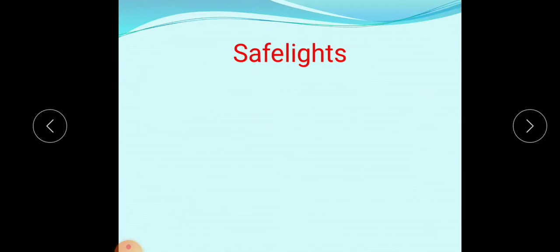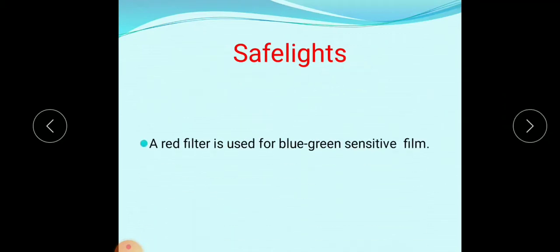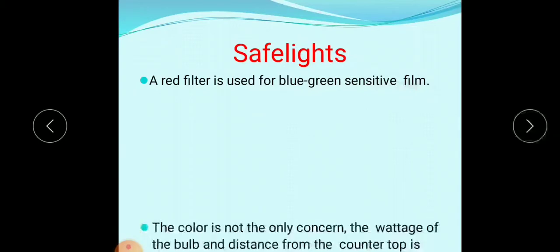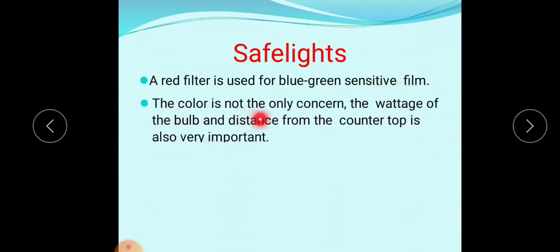Now let's see about safelight. A red filter is used for blue green sensitive film. The color is not the only concern.